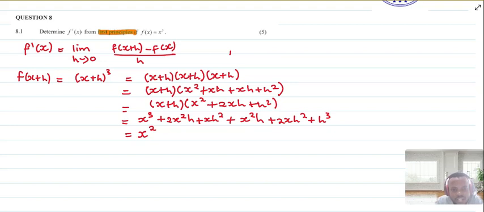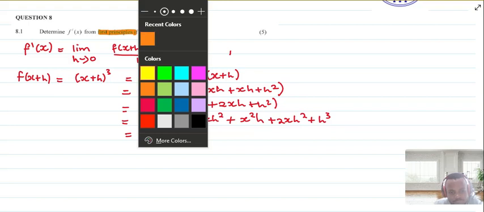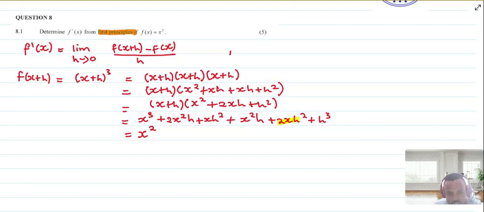Here we do have 2xh squared and we have xh squared, so meaning we can write this as 3x squared h plus 3xh squared plus h cubed.